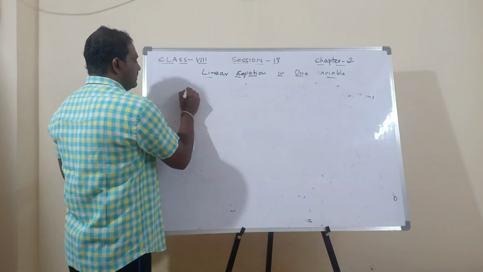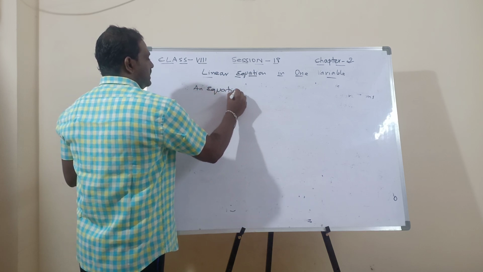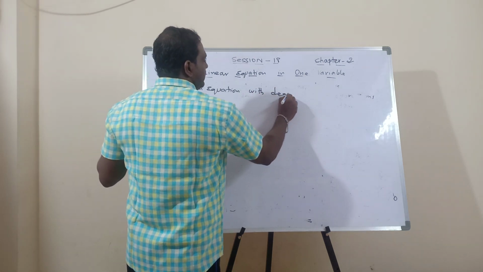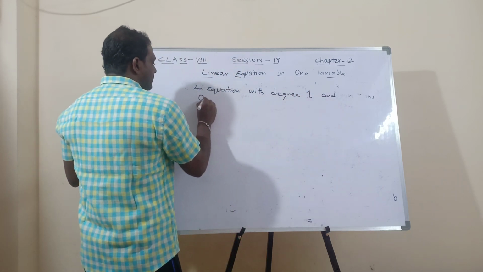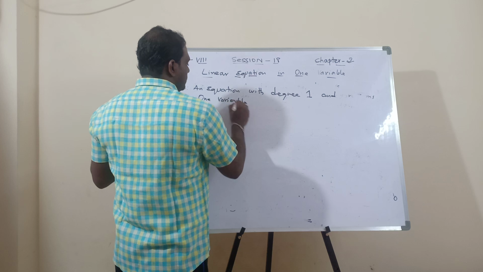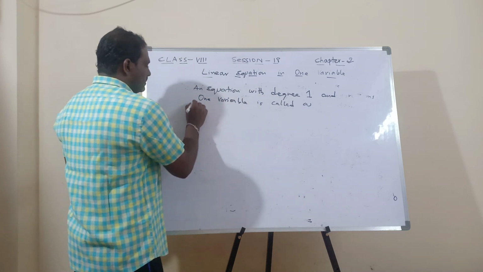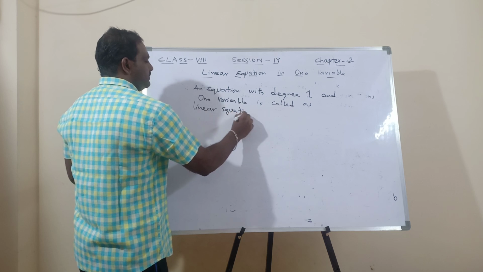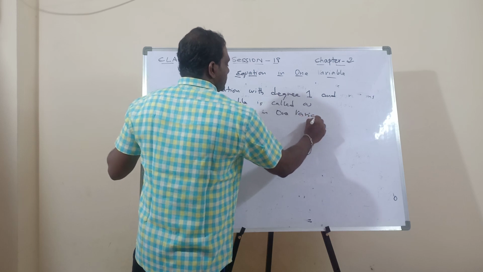Therefore, an equation with degree 1 and one variable is called a linear equation in one variable. This is the definition of our topic.